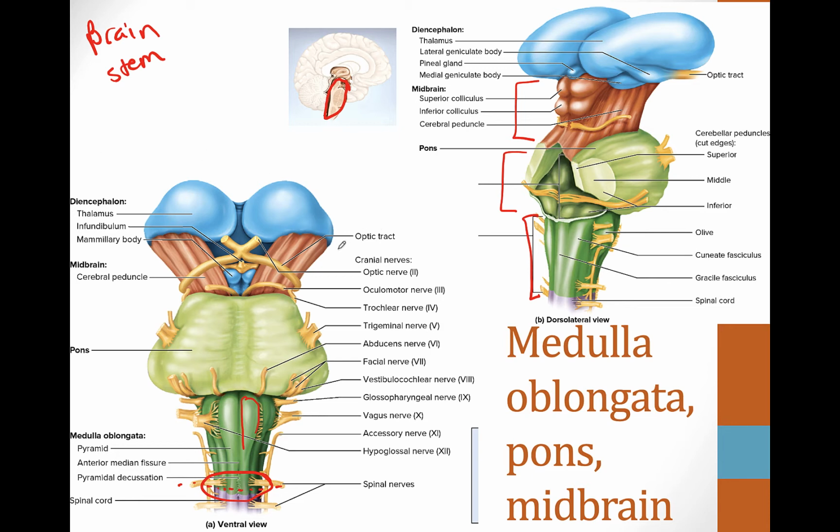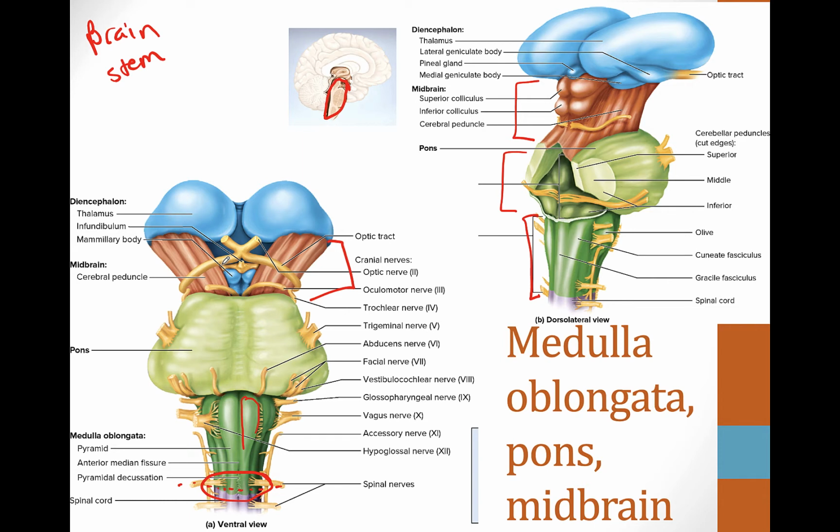And then rostrally again, we have the midbrain. So this is going to be what connects the hindbrain to the forebrain. So again, still part of the brainstem. And it continues this reticular formation, which is a network of fibers that comes all the way up through the medulla to the pons to the midbrain.